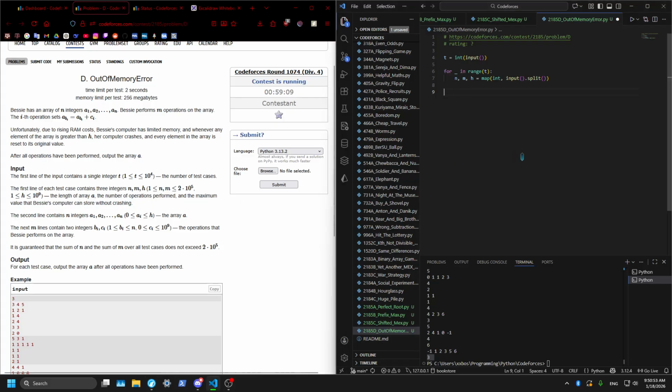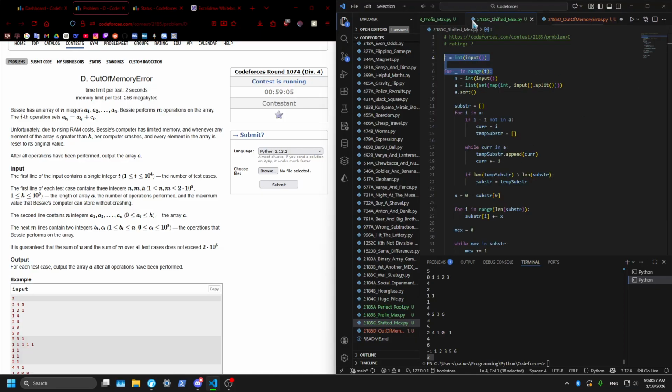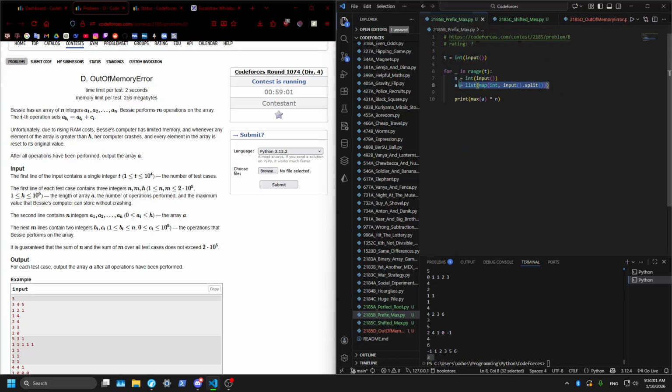Okay, so now we have an array A equals this one.